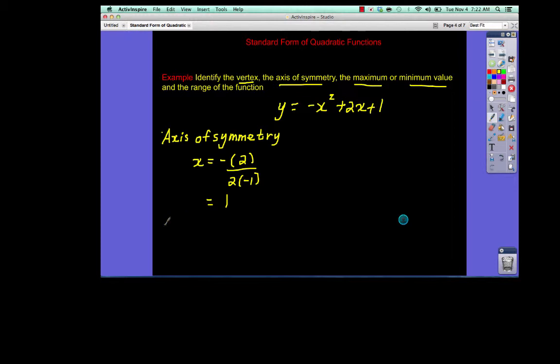So now if I want my y value, it becomes y equals the opposite of 1 squared plus 2 times 1 plus 1. So let's see. 1 squared is 1, so it's negative 1 plus 2 plus 1. So I get 2. Now I know the axis of symmetry is here.